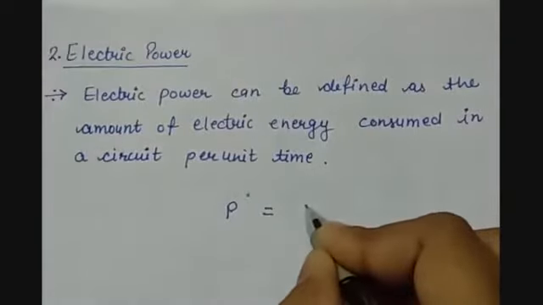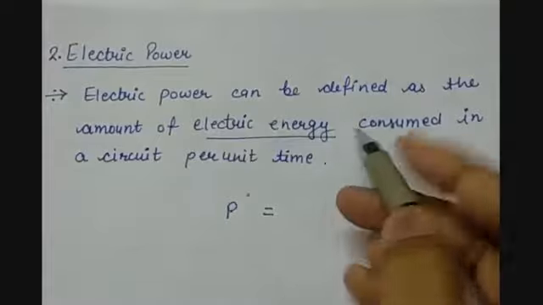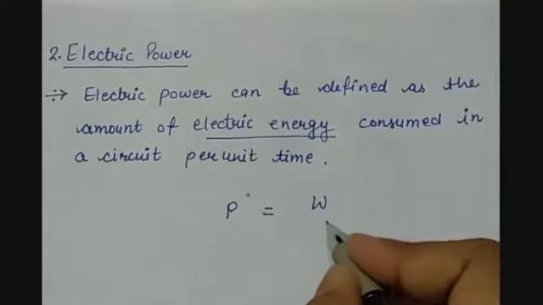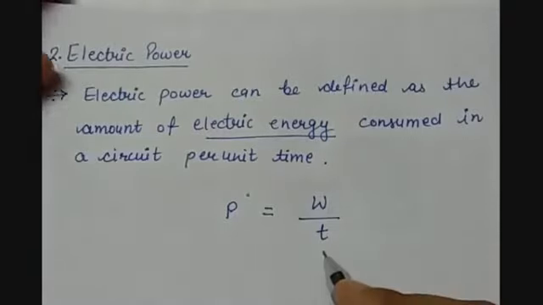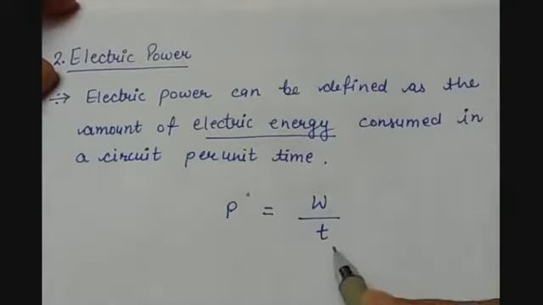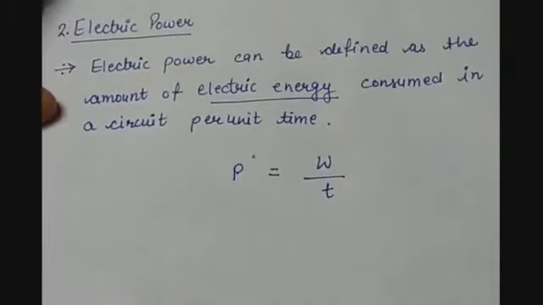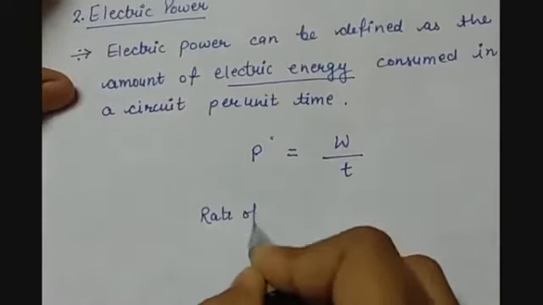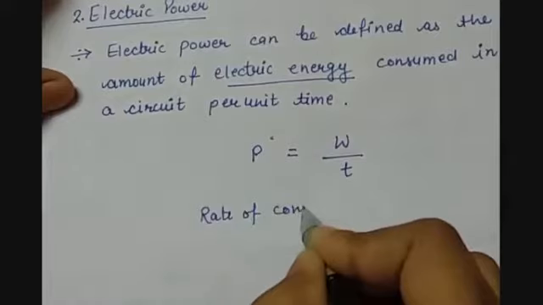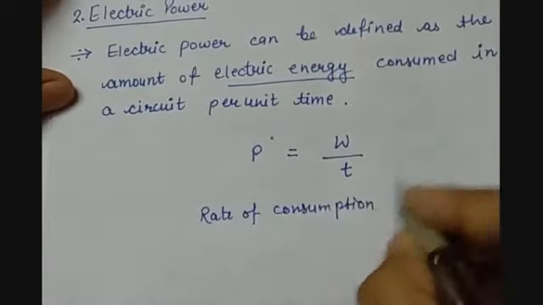The formula for it will be electrical energy, which is equal to the work done, per unit time. So power is equal to W upon T. It can also be defined as the rate of consumption of electric energy.